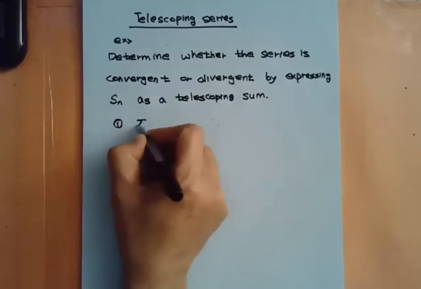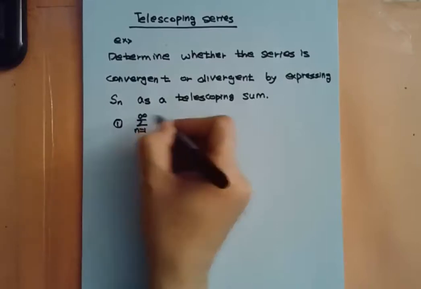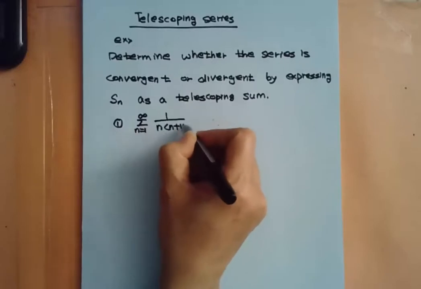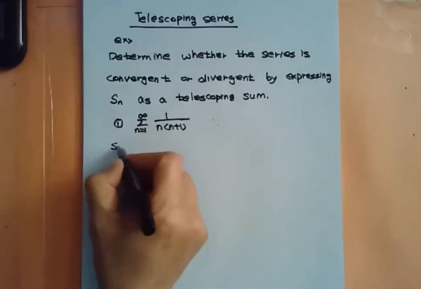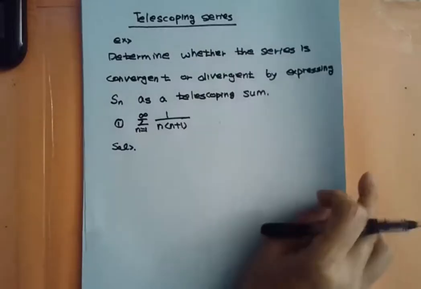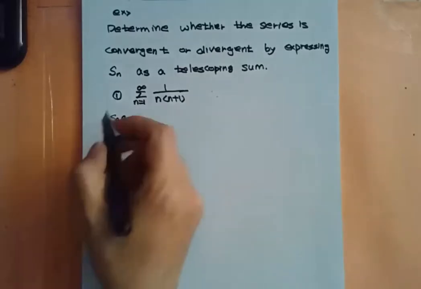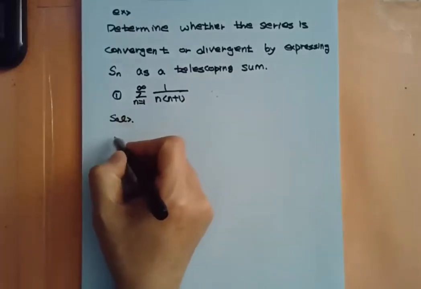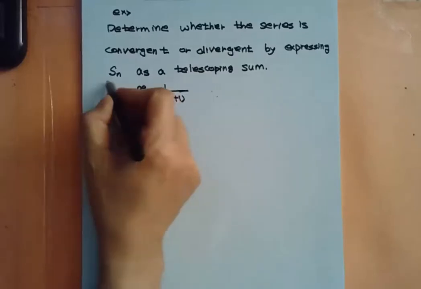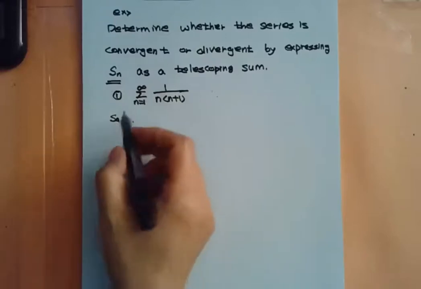The first example is summation n equals 1 to infinity 1 over n times n plus 1. What we want to do is think about the partial sum Sn, and then consider the limit of the partial sum.